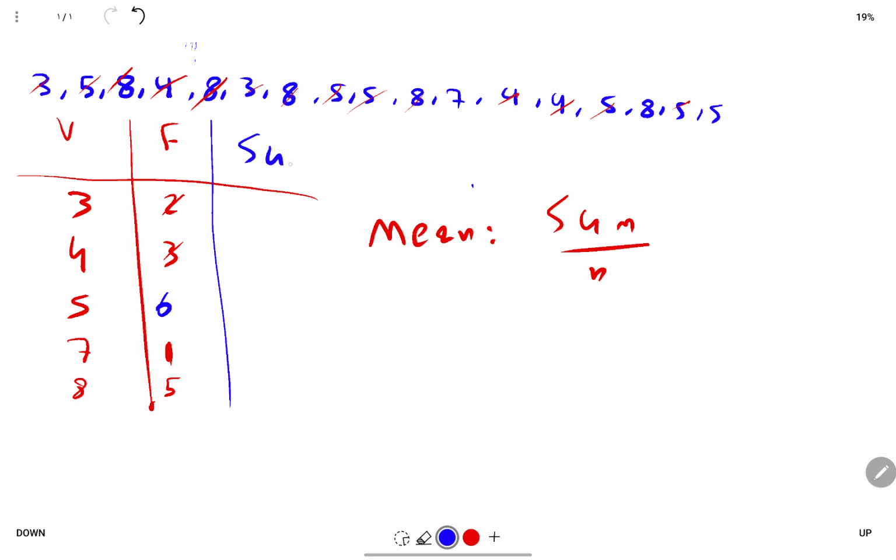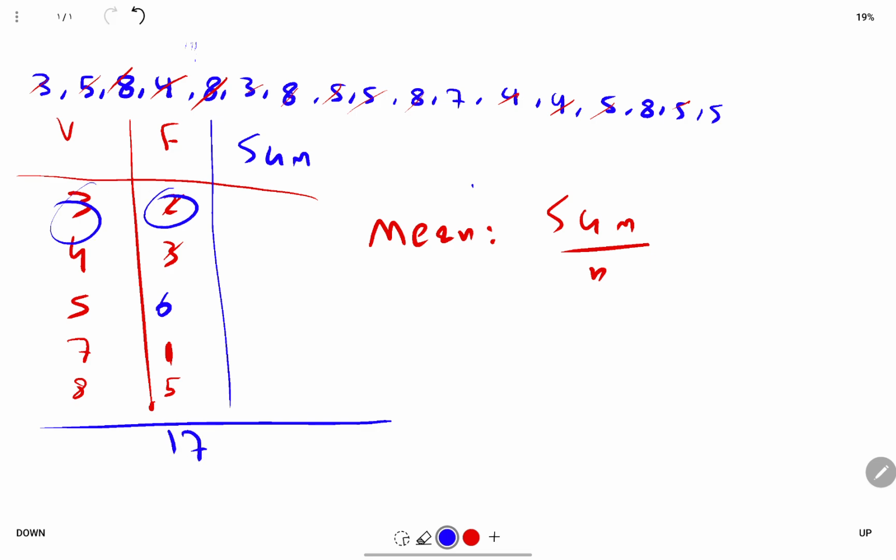So here we need to find the number n. So 2 plus 3 is equal to 5, 5 plus 6 is equal to 11, 11 plus 1, 12, 12 plus 5 is equal to 17. Now we need to find the sum.